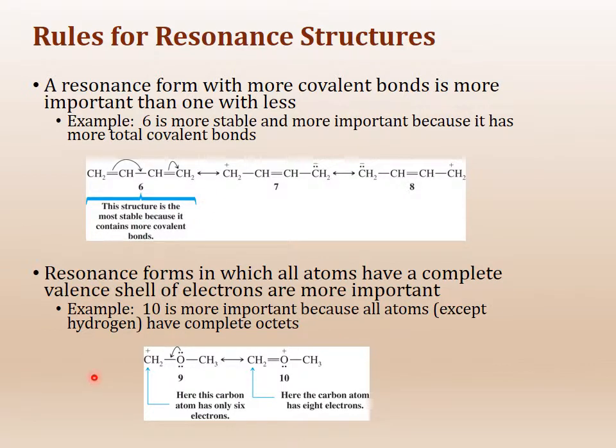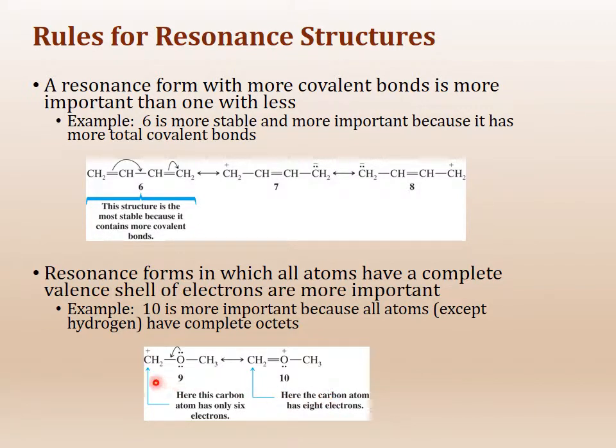And then here, the ones that are not contributing very well for resonance structure is one in which there is a charge. And which atom can take a charge better is an important thing. So for example, more electronegative elements will take the negative charge better, more electropositive will take the positive charge better.